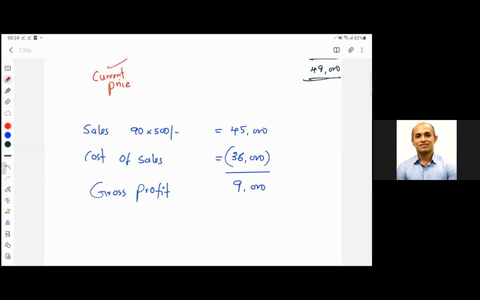You see cost of sales is at current price, and sales are also at current price, because during the year your selling price is 500. So this is the current selling price.